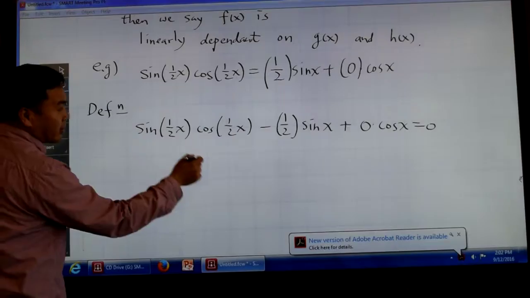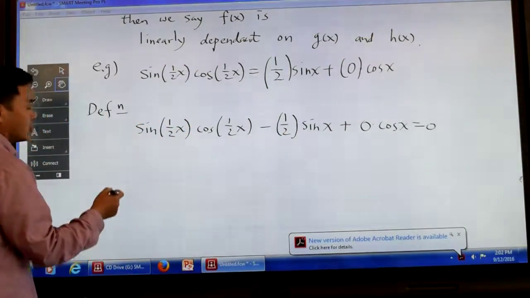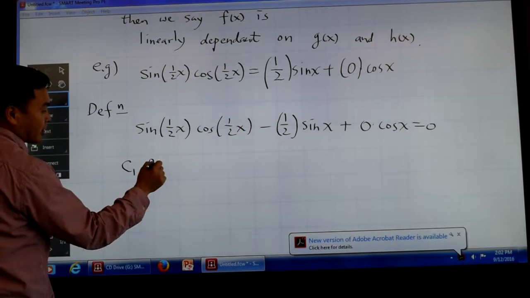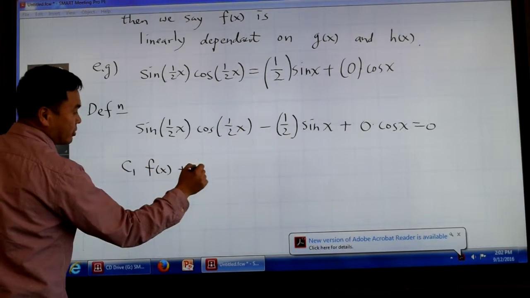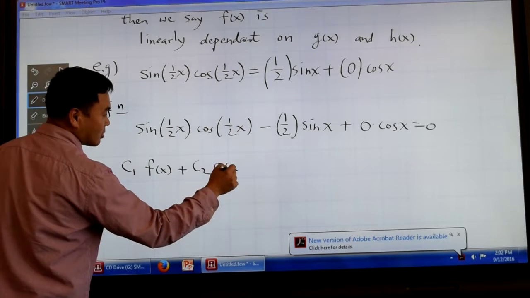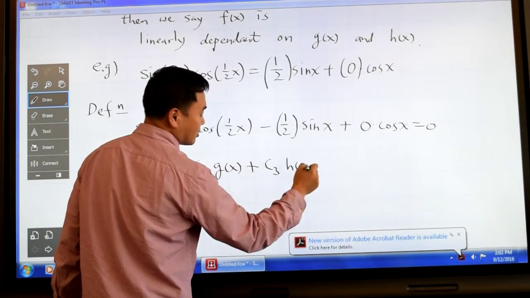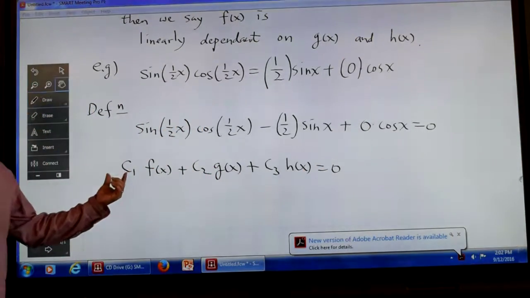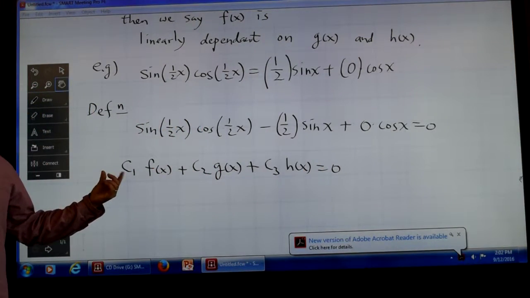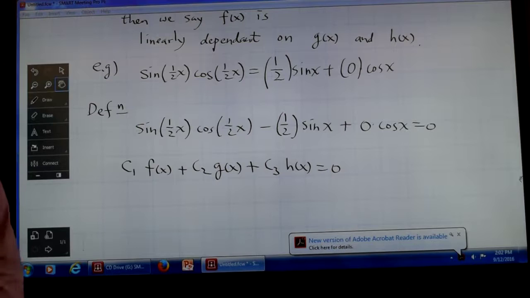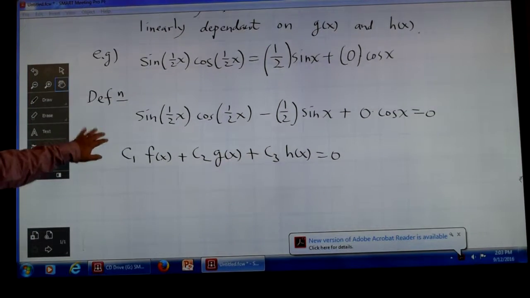If I call this f(x), g(x), and h(x), it looks like c1 times f of x plus c2 times g of x plus c3 times h of x equal to 0, with c1 equal to 1, c2 equal to negative 1/2, c3 equal to 0, okay?